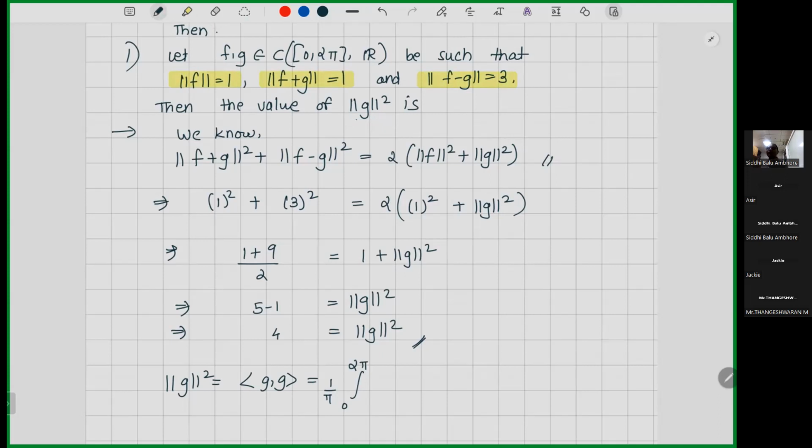If g was given and they had asked me the norm of g, then I would happily go ahead with doing integration. But here we don't know what g is. So what will we integrate? That's why we needed to use this identity. I would suggest that you please look at all the identities given in the lectures and in the assignments.